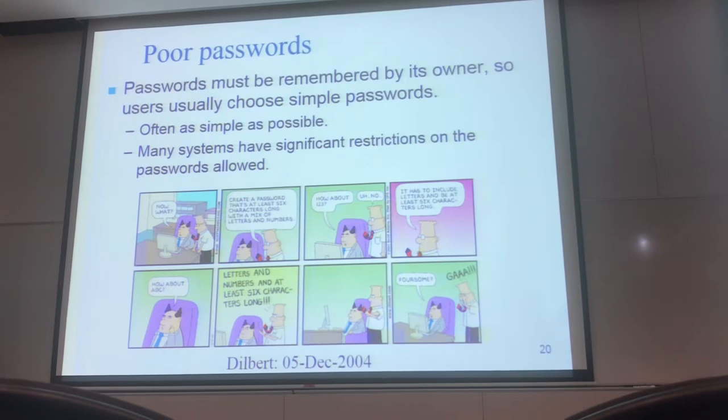Suppose you choose a PIN for your ATM card with 6 digits, that's only 1 million possibilities. Even if you choose some secure password, the possibility is still quite limited compared with a cryptographic key. So the strength of the password is usually very weak.